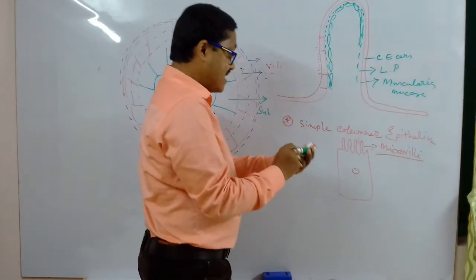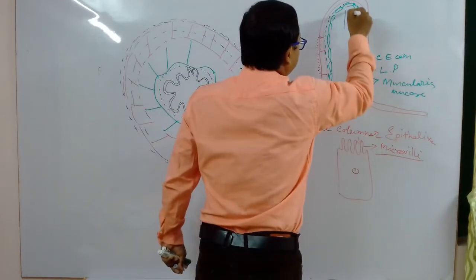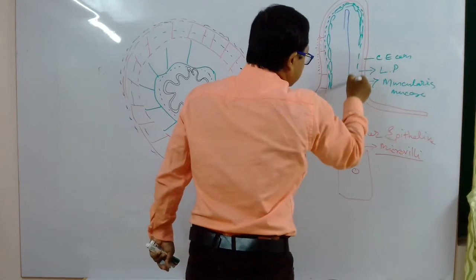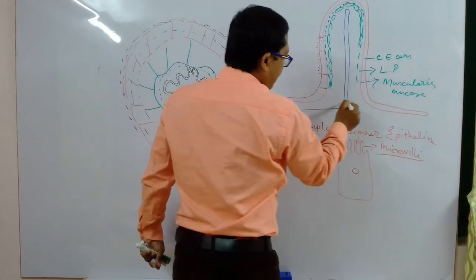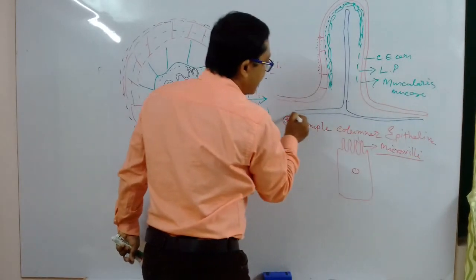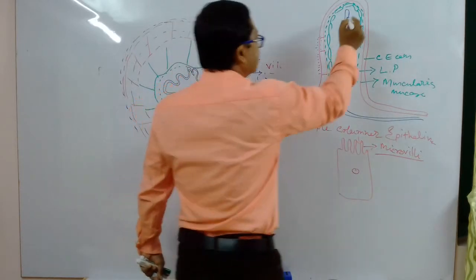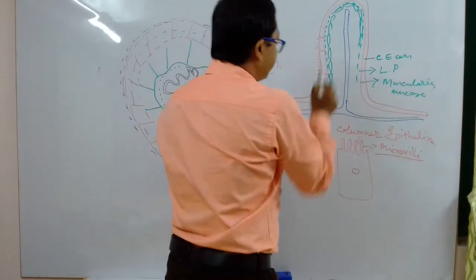At the center of the villi is a lacteal, a dilated lymphatic vessel. This lymphatic vessel is responsible for the absorption of fat in the form of chylomicron.